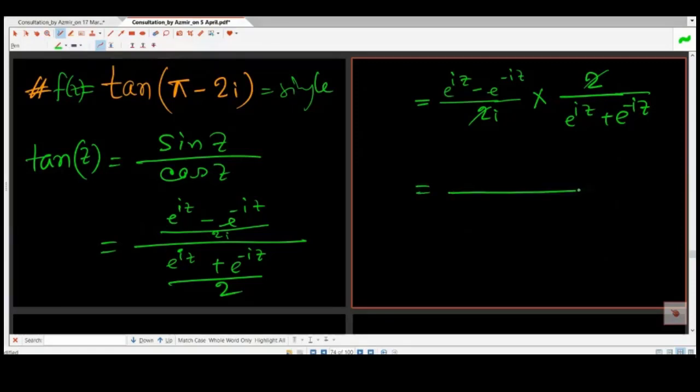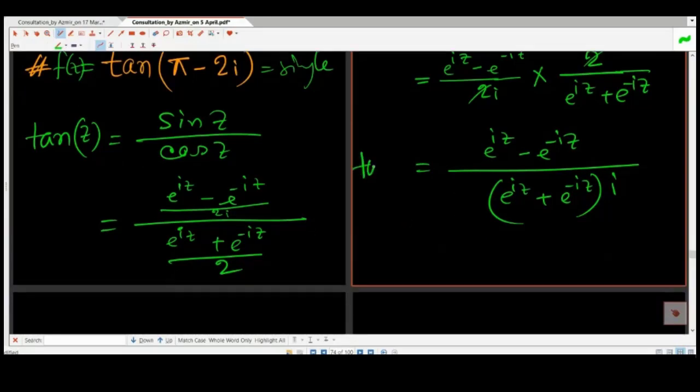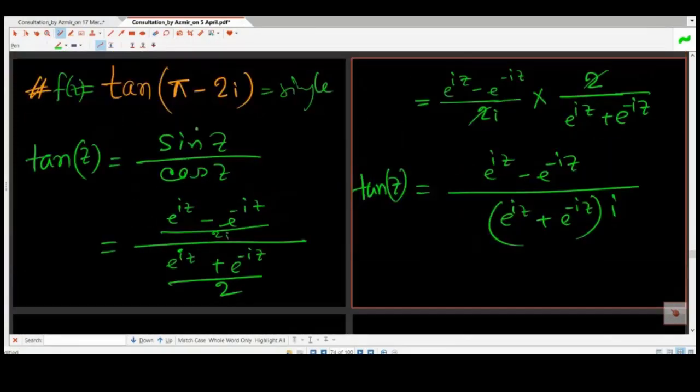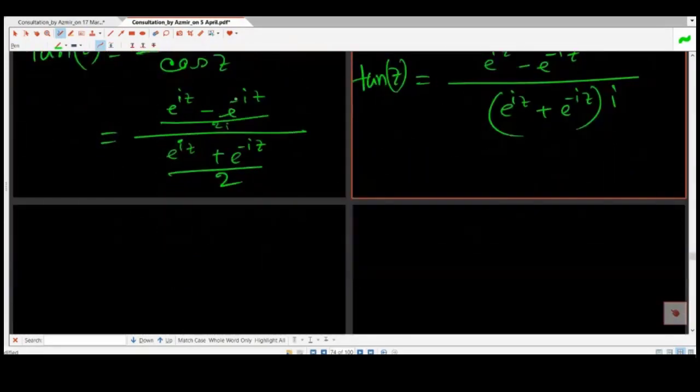We have (e^(iz) minus e^(-iz)) over i times (e^(iz) plus e^(-iz)). So now this is tan of z. We can input z as pi minus 2i.